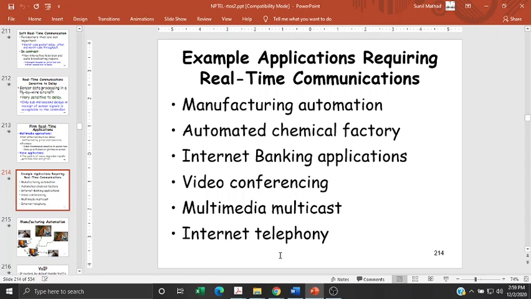There are sensors and there is some action to be taken from those sensor values. Internet banking applications: think of a perspective where somebody is depositing and somebody is withdrawing on the same account, at the same time. How do you make sequencing of the things?